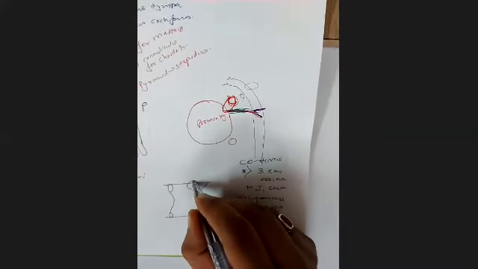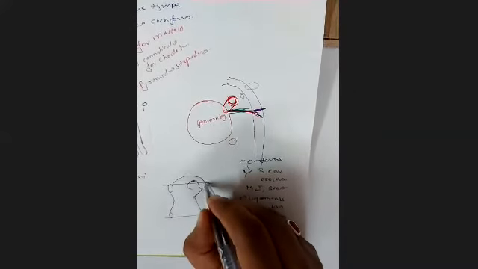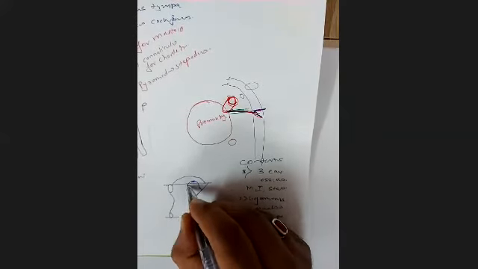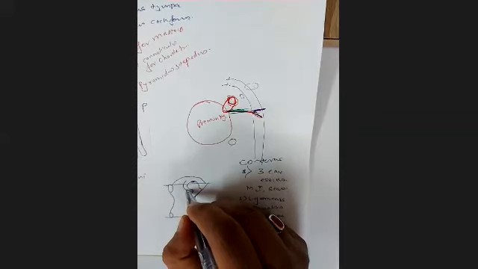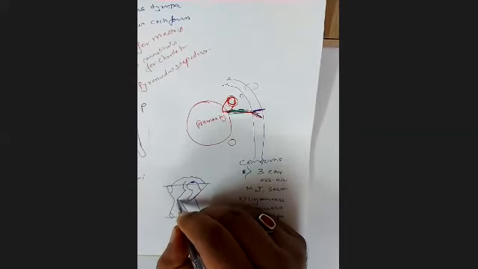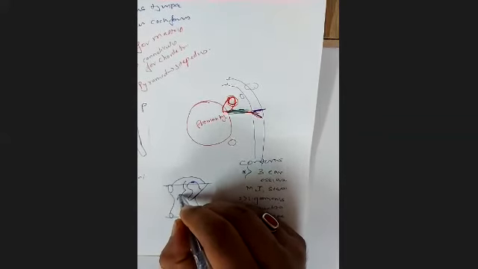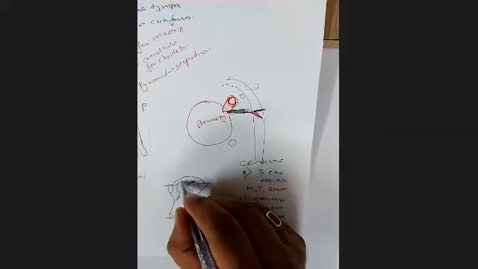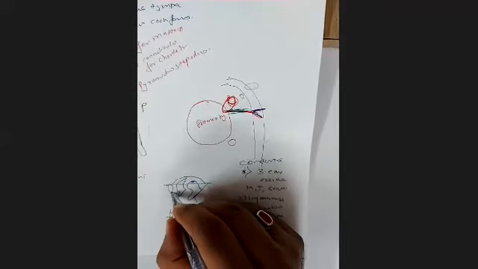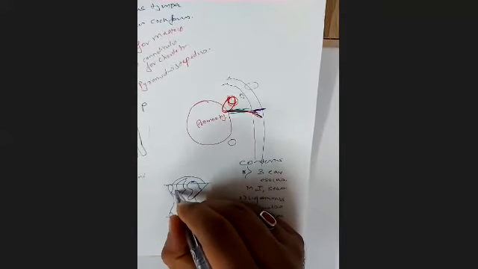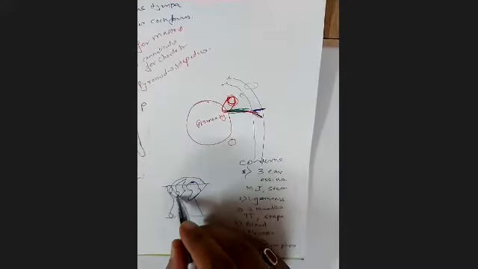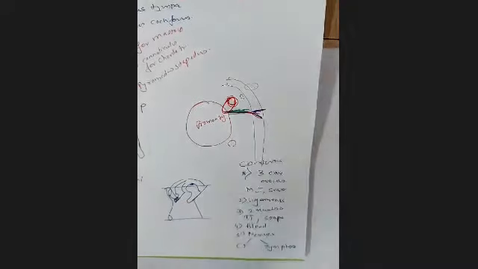Sorry, it has gone beyond this. But the roof is also like this. The malleus is like this. Then the incus is somewhat like this, and the stapes is like this. So this is saddle joint, and here is a ball and socket type of joint.